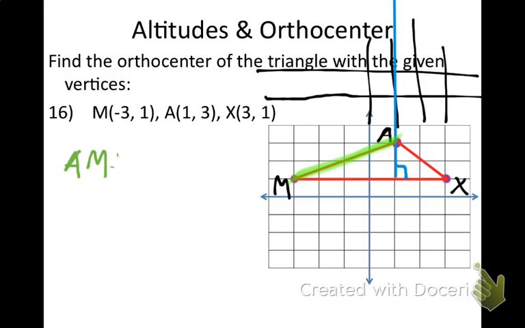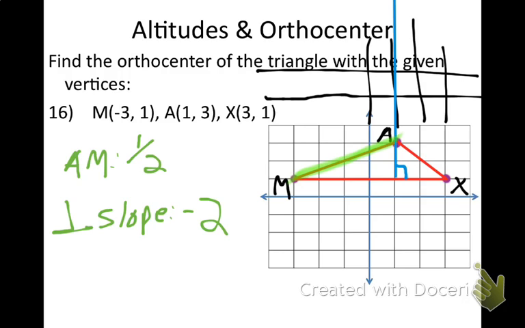Up 1 over... Isn't it 1/2? Okay. Which then means my perpendicular slope is what, Emily? -2. So from what vertex do I need to go with a slope of -2, Emily?